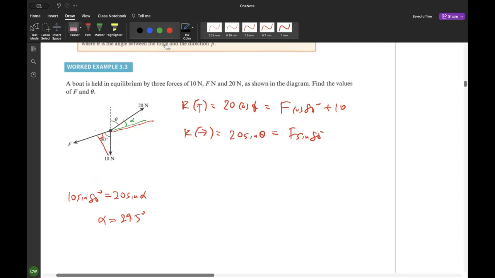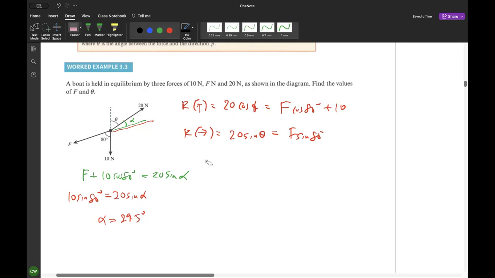Okay, sorry, I didn't do it two more times. Okay, if you draw this way, when you consider this direction, F plus 10 cos 80 will be 20 sin alpha. Perpendicular. Okay, if you consider perpendicular to this line, it means 10 sin 80 is 20 cos alpha.